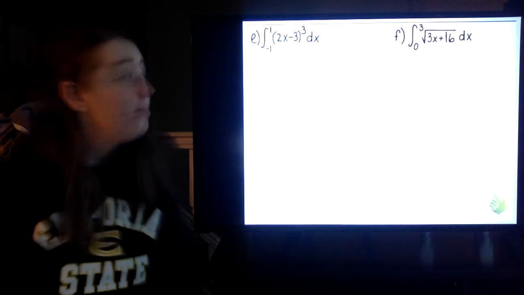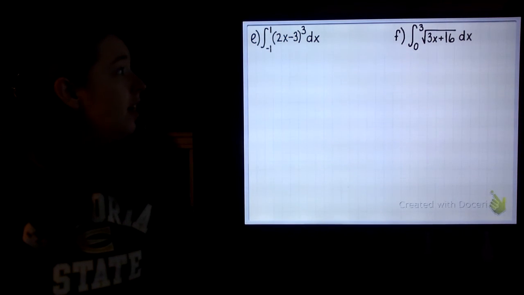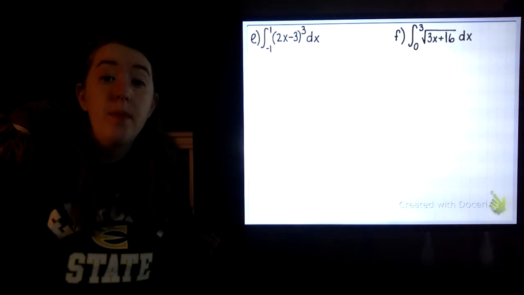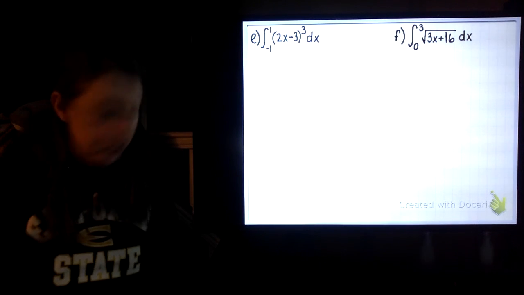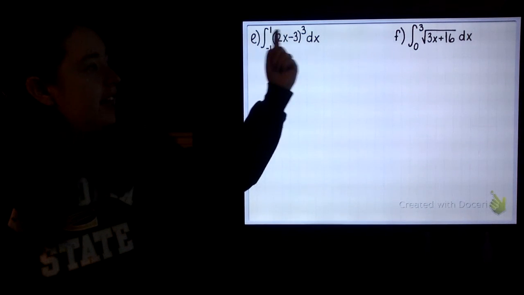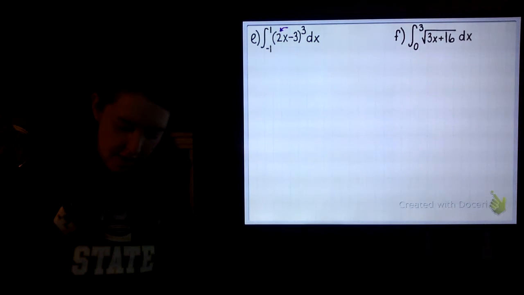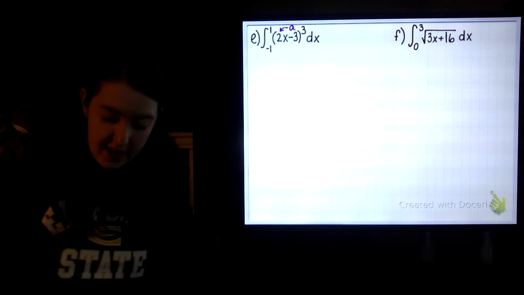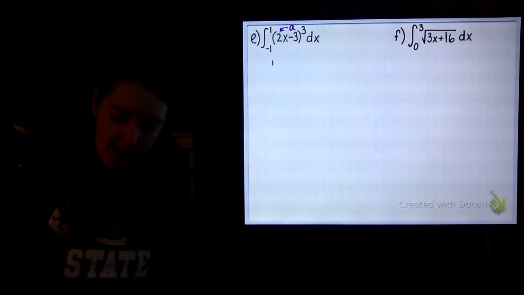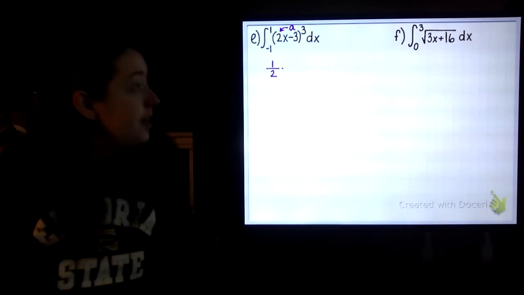So, on this first one, we want the integral from -1 to 1 of 2x minus 3 to the third power. So remember, when we have something linear inside of a function like that, that value in front of our x is our a value. So when we start to take the integral, we need to have 1 over that a value times.